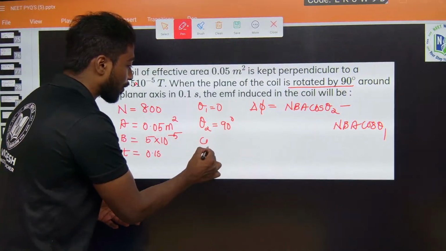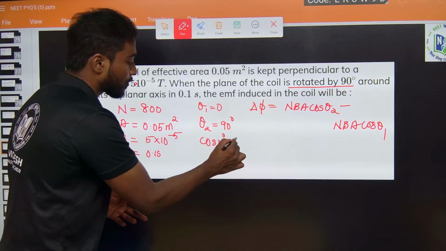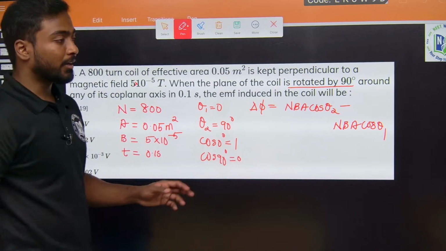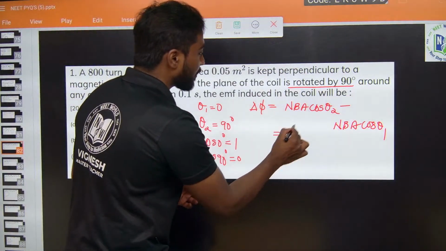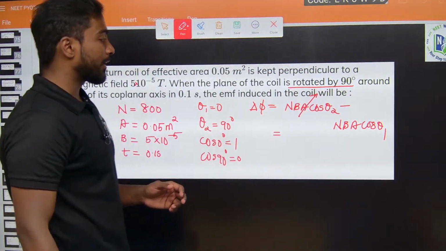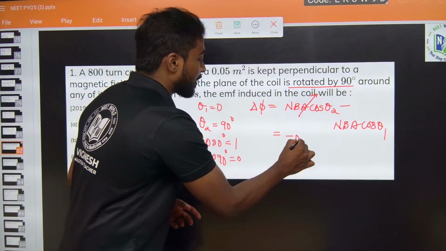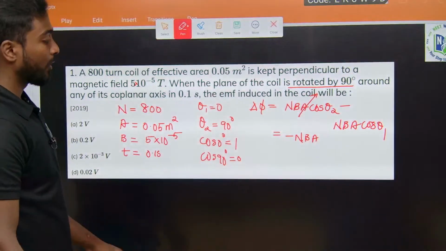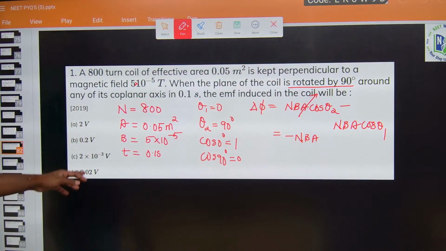What about the cos 0? Cos 0 is 1, cos 90 is 0, right. So, if I substitute the values here, this total will become neglected. So, minus NBA, that is it, cos 0 is 1, minus NBA. So, what are the values given here?